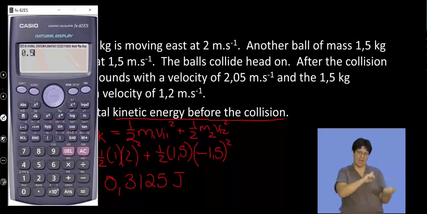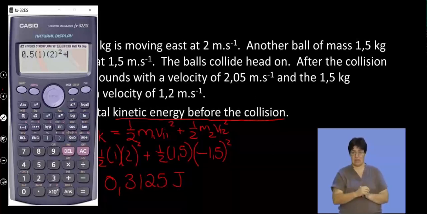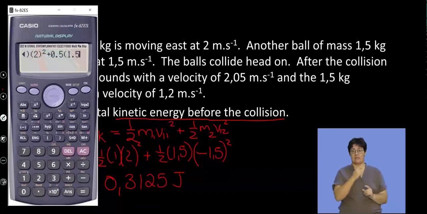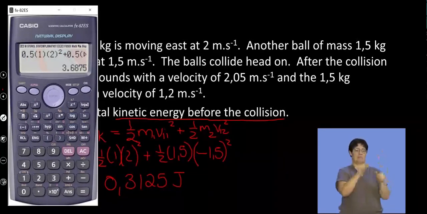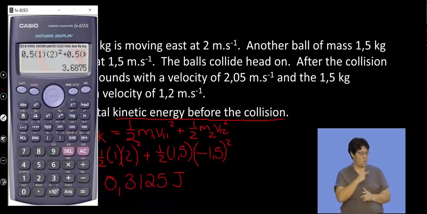So we've got 0.5 times 1 times 2 squared plus 0.5 times 1.5 times minus 1.5 squared. There we go. Okay, now that makes more sense. Okay, so now we've got 3.6875.